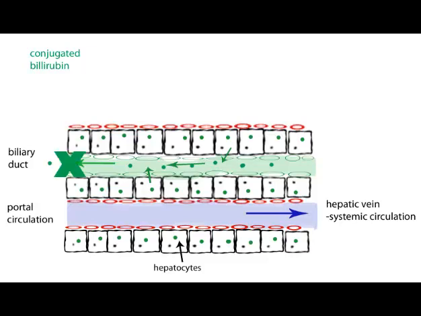Any block to this flow of bile, such as by a tumour, either inside or outside the liver in the bile duct, causes the bilirubin that's being produced into the bile duct to begin to back up, and where it's got nowhere to go, it seeps through and into the hepatic vein and that circulation, so that when you then sample the blood in the systemic circulation, we pick up raised levels of conjugated bilirubin. So that's suggesting blockage downstream of the hepatocytes within the bile ducts or outside the liver itself.